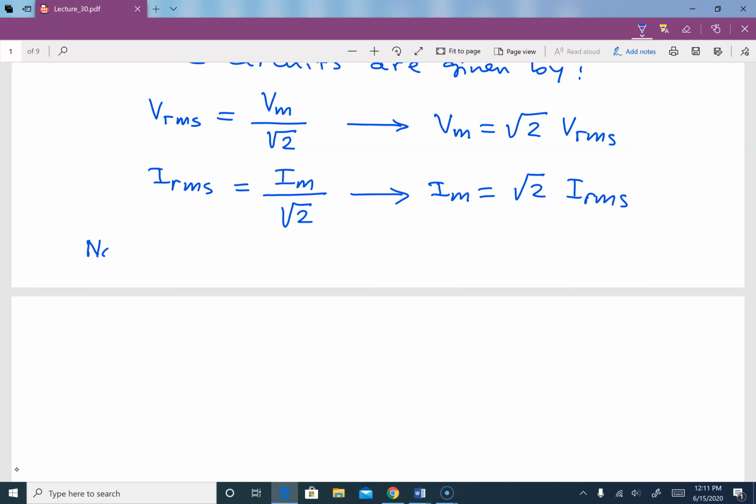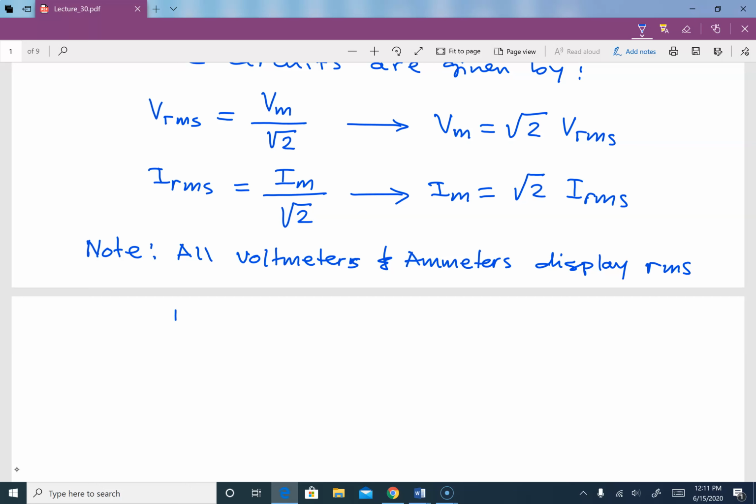I would like everybody to know that all voltmeters and ammeters display the RMS reading of voltages and currents.